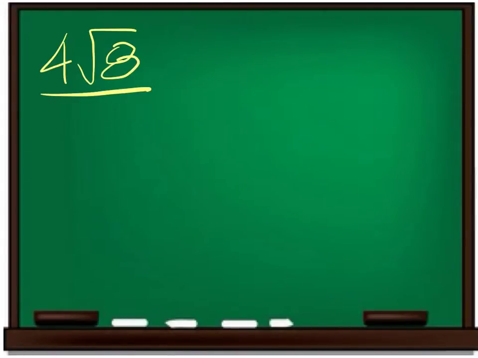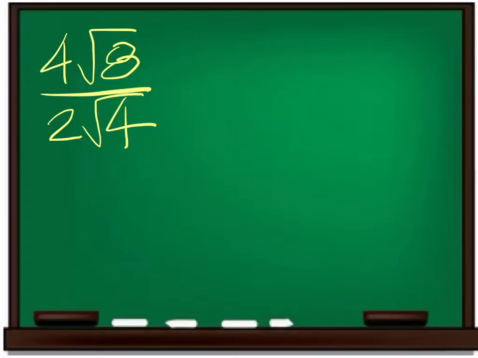Example 2. 4 square root of 8 over 2 square root of 4. I could multiply the top and the bottom by the square root of 4. If I did that, I'd be wasting my time, because square root of 4 is going to be a perfect square. 4 is a perfect square, so you could get 2 out of it.